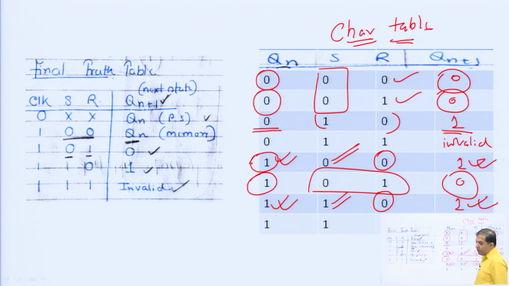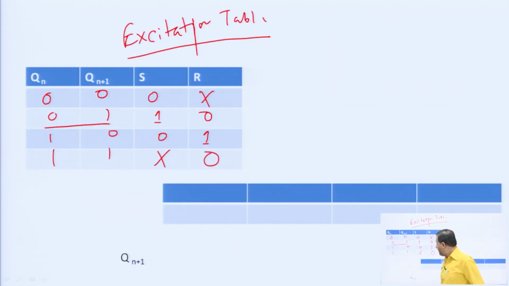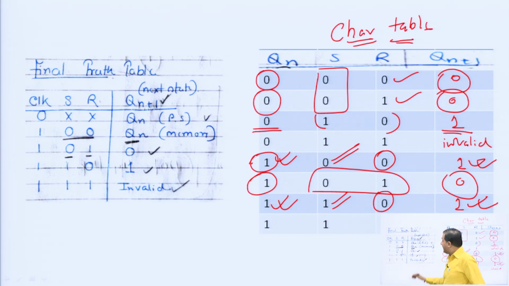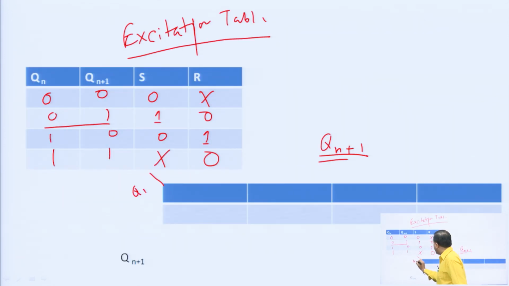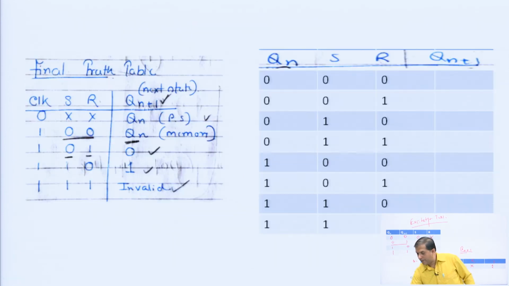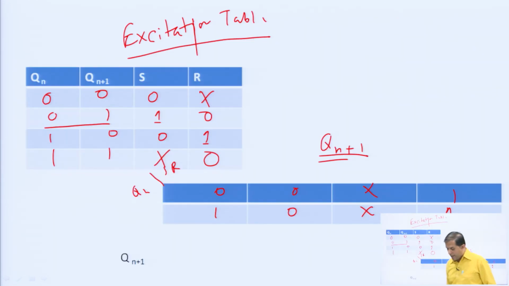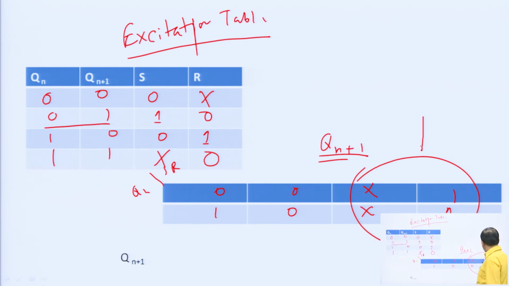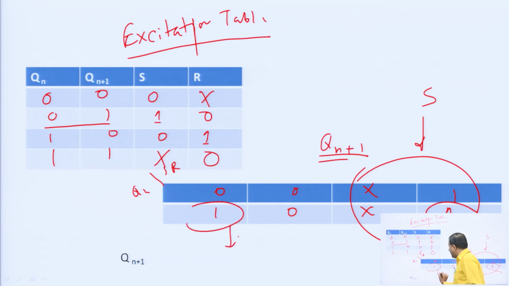The K map will be for Qn plus 1, with inputs Qn, S and R. If we put the values of this characteristic table into the K map, 0 0 cross 1 1 0 cross and 1, and simplify, one form will be this. This will be nothing but S, and this combination will be Qn R bar.